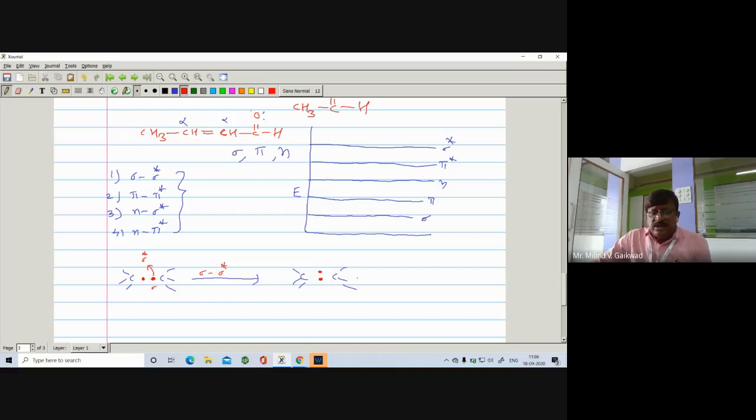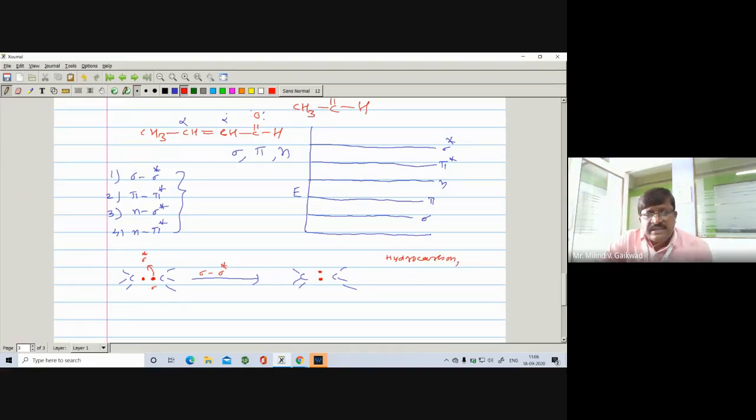Which molecules undergo sigma to sigma star? Of course, all which contain a sigma bond. A simple example is a hydrocarbon, for example alkene, alkyne, which contain sigma bonds.